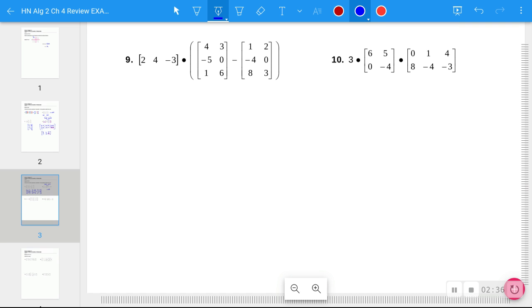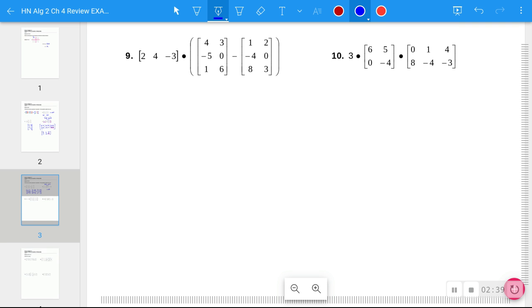Okay, on number 8, we have a multiplication indicated by that big, massive dot there. And we have a subtraction. And normally multiplication would happen first, but there's parentheses around the subtraction, so we have to subtract first here. So this first little matrix here is just going to get copied for now. And we're going to go ahead and figure out the subtraction.